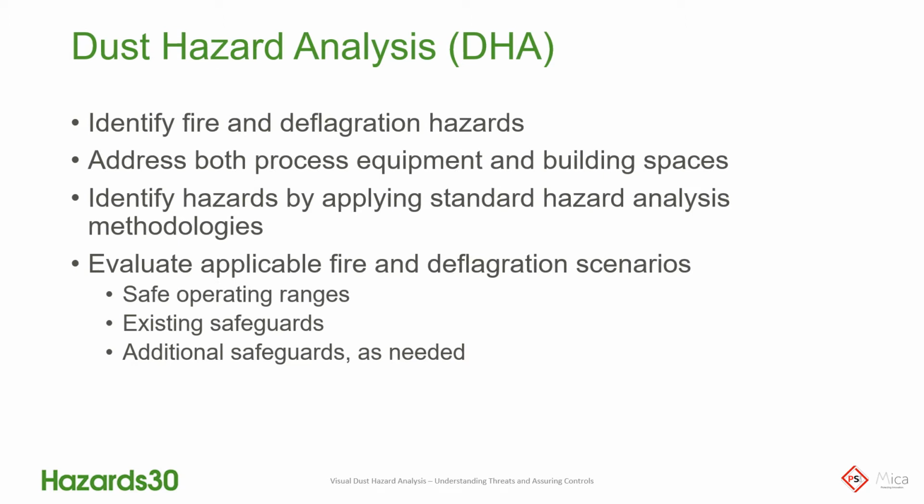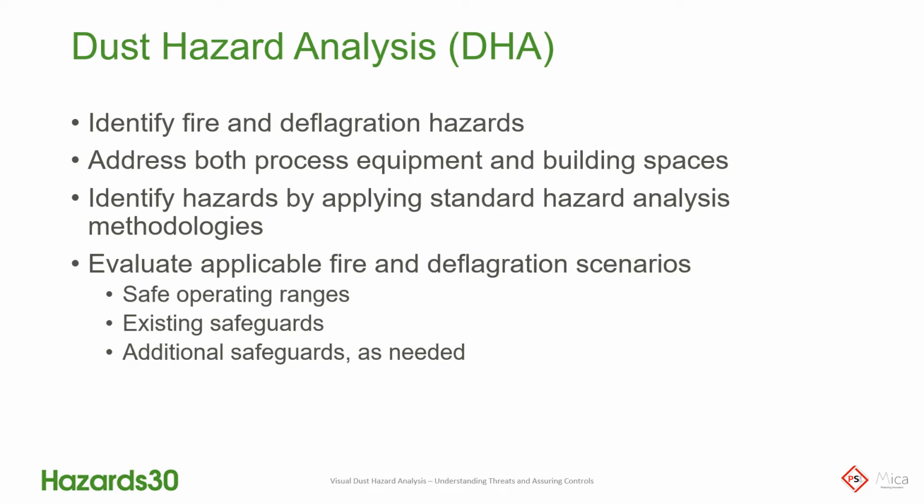So dust hazard analysis is not new. The aim is to identify fire and deflagration or explosion hazards, and you must consider both the dust within the process equipment, but also dust in building spaces. So you have deliberate or accidental creation of atmospheres outside the containment.